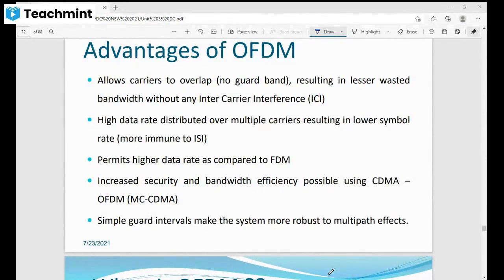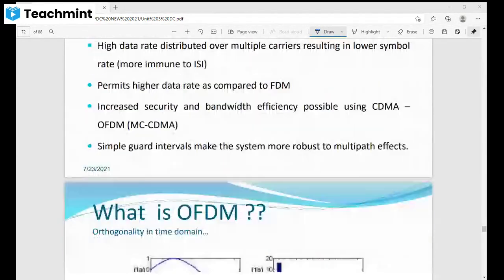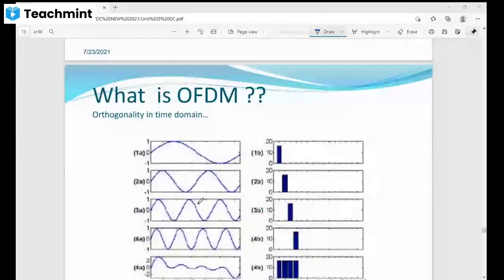Permit higher data rate, that is the same. Increase the security and bandwidth efficiency by combining with code division multiplexing. And a simple guard interval makes the system more robust to the multipath effect. The multipath signal takes multiple paths before reaching the receiver, so by introducing a guard interval we can handle that.